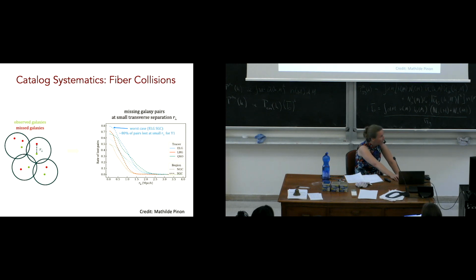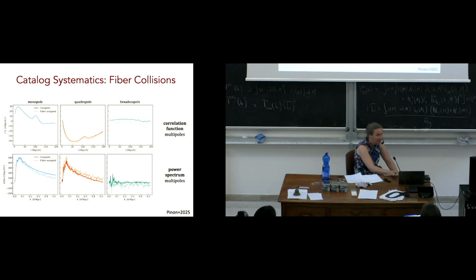Now let's talk coordinates again. Here you see how beautifully this effect is localized at small r perpendicular. But if we then go to our more common clustering multipoles in terms of the correlation function or the power spectrum, then the fiber collision effect becomes less localized.